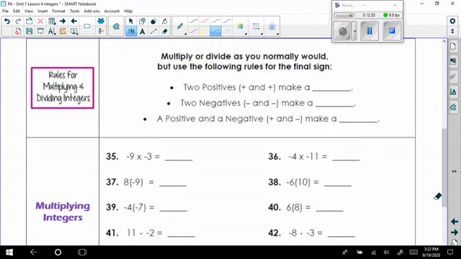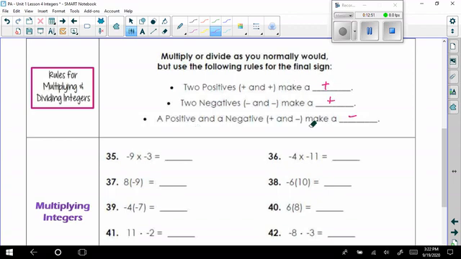Now for multiplying rules, multiplying and dividing integers, we're going to have a rule that basically 2 positives makes a positive. 2 negatives makes it a negative. A positive and a negative makes it a negative. Oops, 2 negatives makes it a positive. Excuse me on that one. So same signs, it's a good thing.